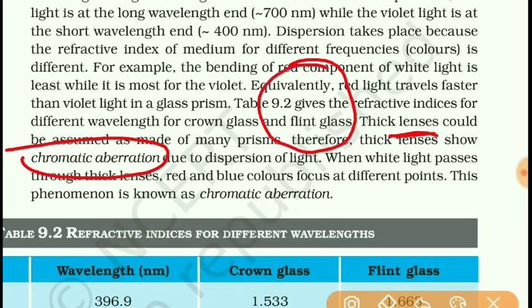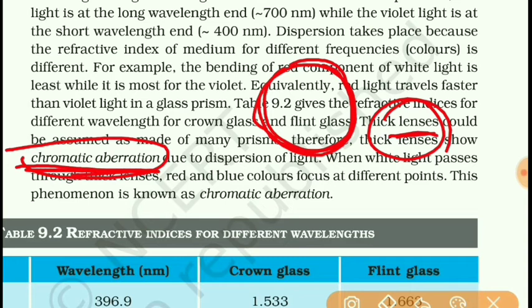Suppose you are observing the moon, then sometimes at the borders of the moon you will find some shades of color. That is nothing but chromatic aberration, and that is due to dispersion of light through the glass, because we know that a microscope or a telescope uses lenses, and the dispersion occurs due to lenses also.